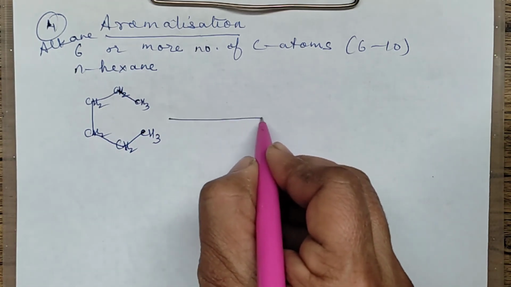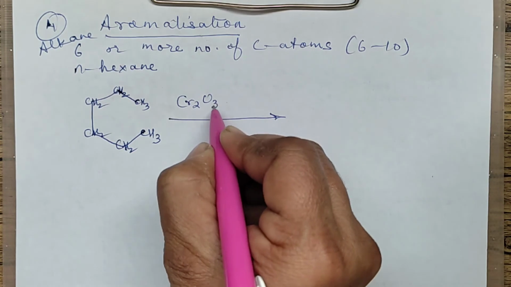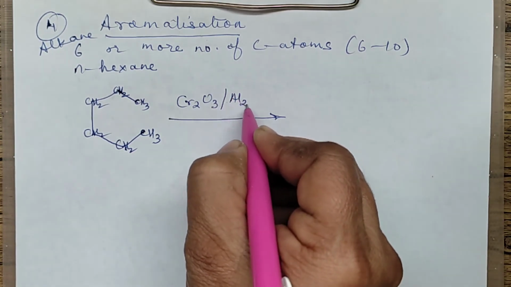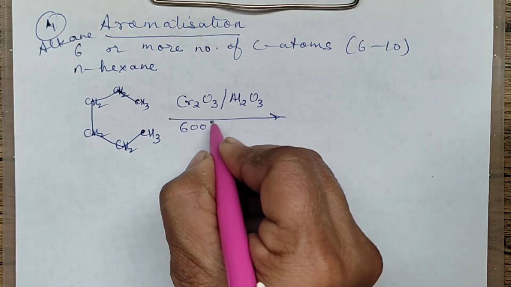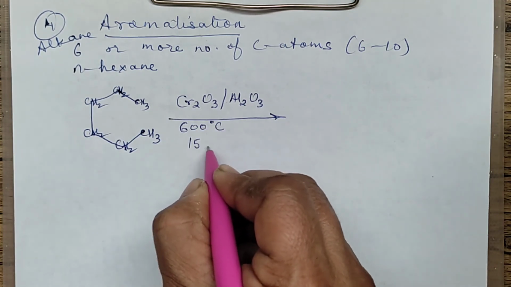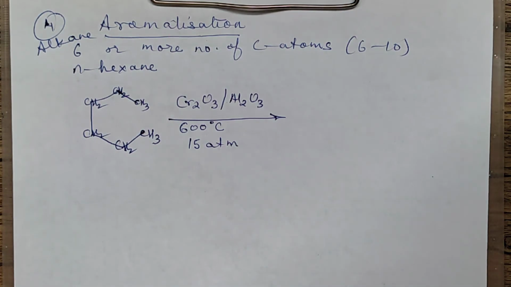So normal hexane, when treated with chromium oxide or aluminium oxide at around 600 degrees Celsius and 15 atmosphere pressure, will undergo aromatization.